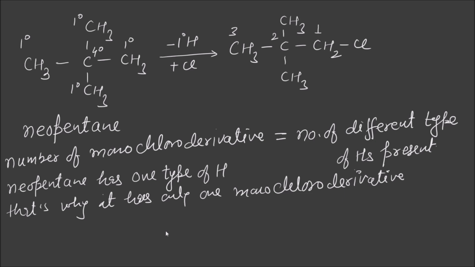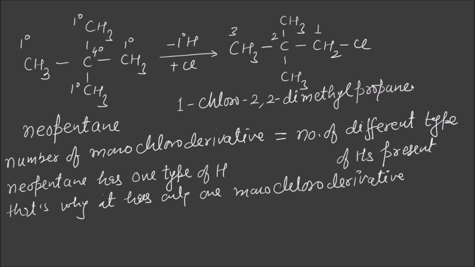But there are 2 methyls and both are at position 2. So it is 1-chloro, 2,2-dimethyl propane.